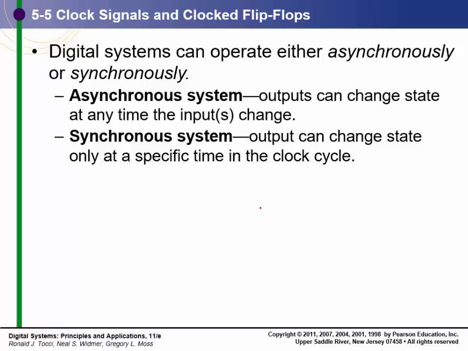In an asynchronous system, things are changing all the time, and sometimes things change when they're not supposed to change. You have all kinds of things happening at the wrong time. We saw that a little bit when we did the Boolean circuits using Altera, where we saw illegal outputs, glitches.